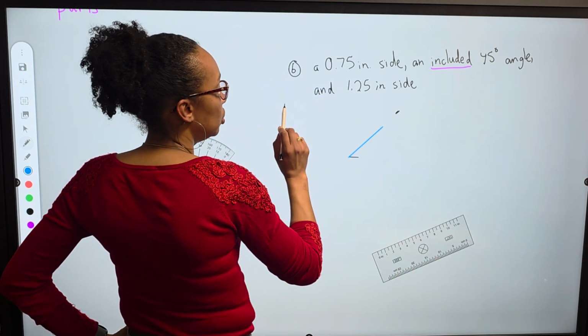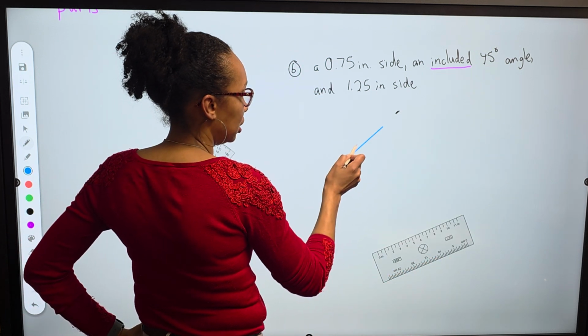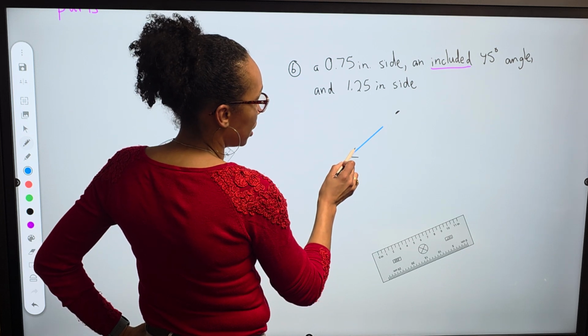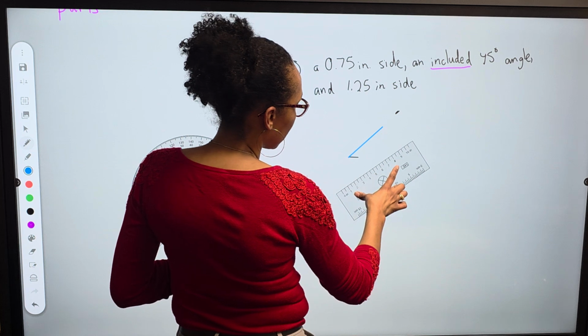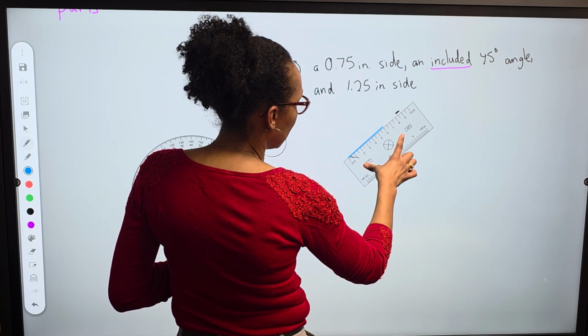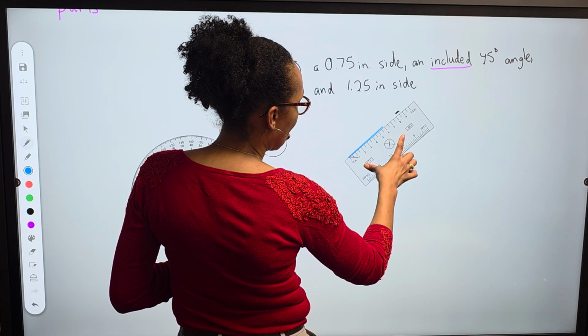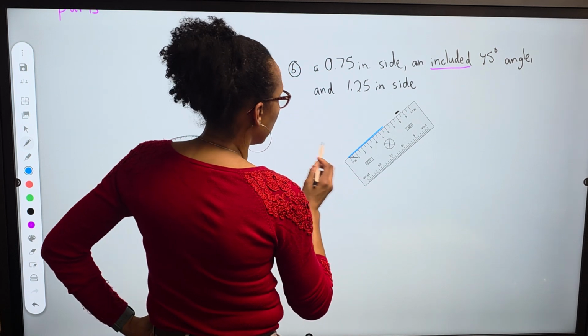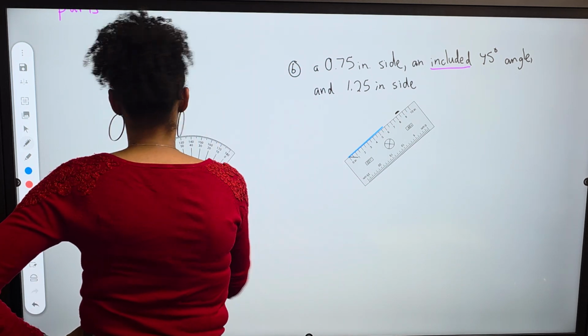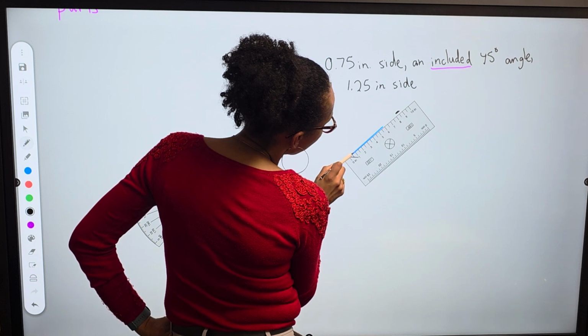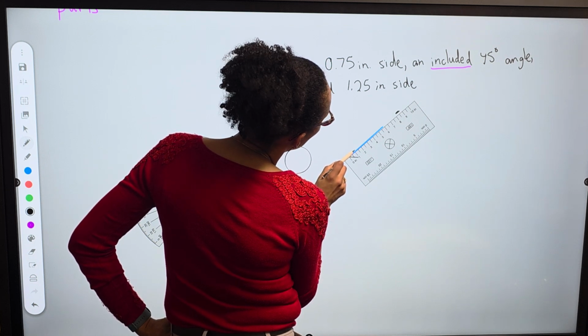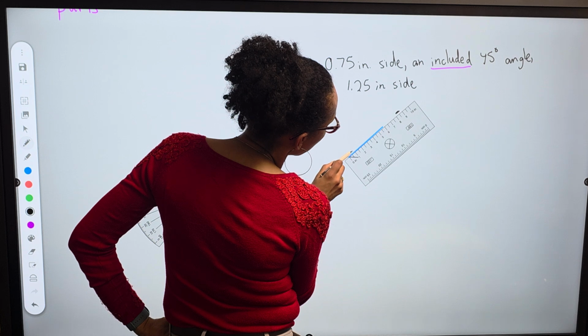And now I need to measure this side, because this side only needs to be 0.75 of an inch. So I'll take my ruler and I'm going to lay it on this side. Okay, so that's 3/4 of an inch. So I need it to be 1/2 inch, 1 inch. So between the 1/2 and the 1 inch.